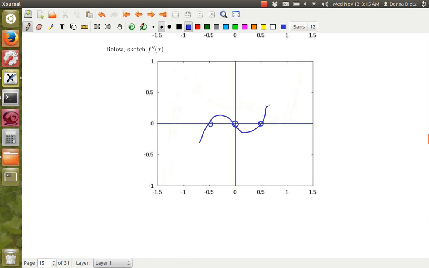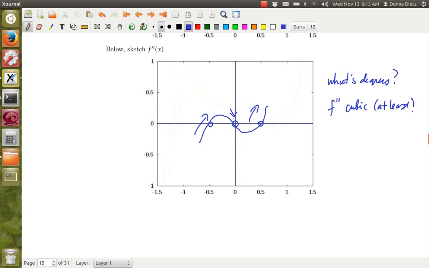Now, it does not ask, but you should ask what's the degrees of all these guys. So f double prime goes up, down, up. It's a cubic at least. When I say cubic at least, it's probably a cubic, but we could hide other roots in there so you couldn't see them.